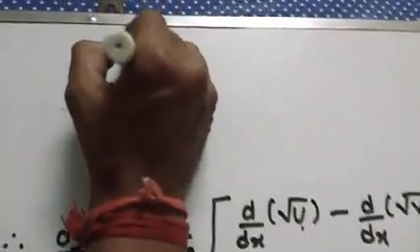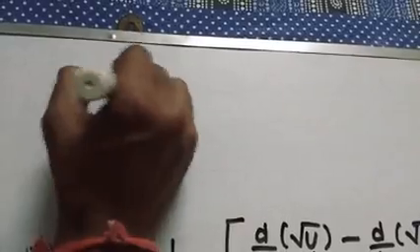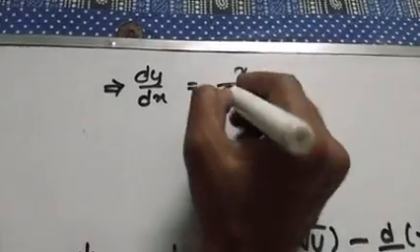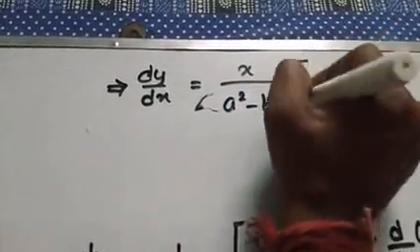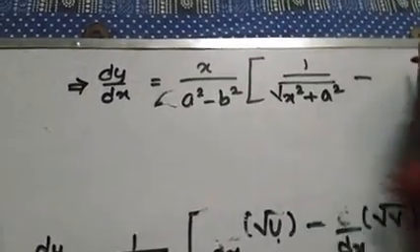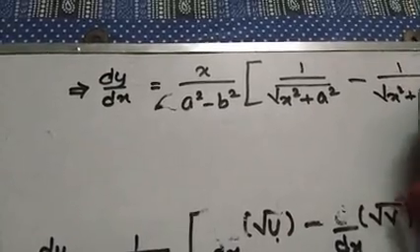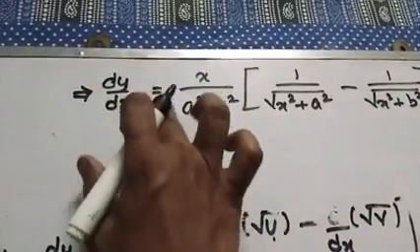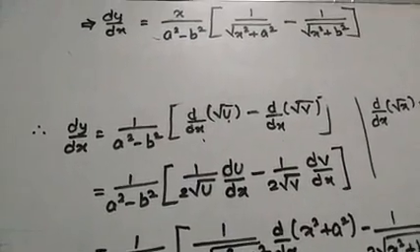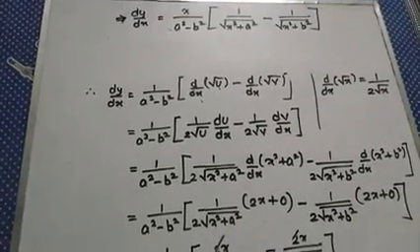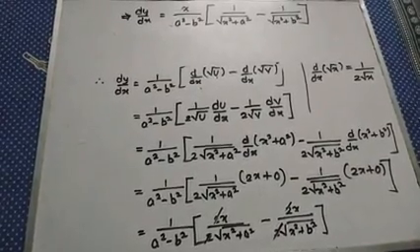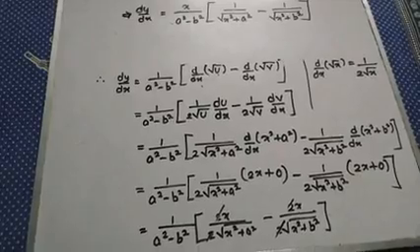So finally dy by dx is equal to x by a square minus b square into 1 by root over x square plus a square minus 1 by root over x square plus b square. So this is the final answer of the question.